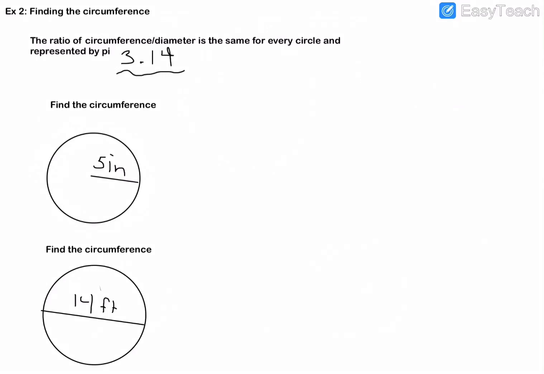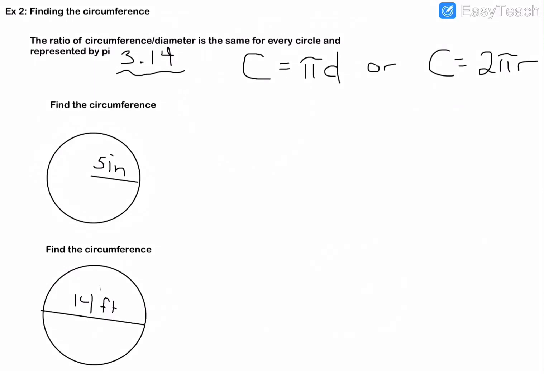Okay, so to find the circumference of a circle, circumference is represented by a capital C, and circumference equals pi times diameter, or circumference equals 2 times pi times r.